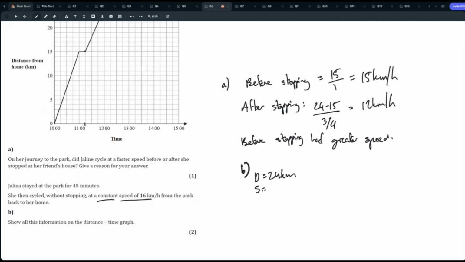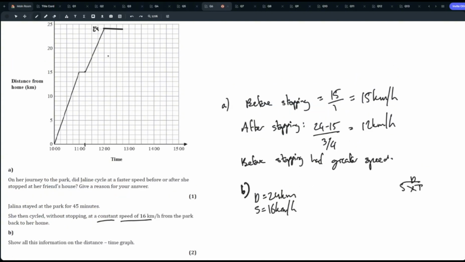And our speed is 16 kilometers per hour. Let's get the speed, distance, time triangle formula again. And what we want to work out is the time, because we want to connect the line on the diagram. So we need to work out how long it is going to take. Okay, so time will be distance over speed, so 24 divided by 16. If we do 24 divided by 16, we get 1.5 hours.